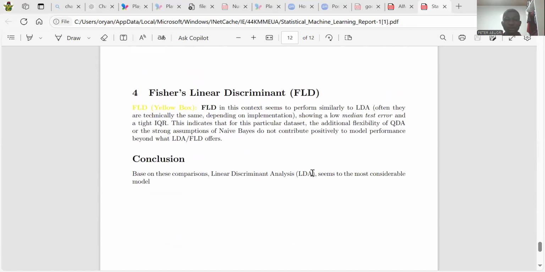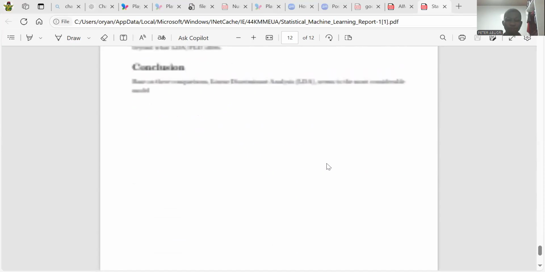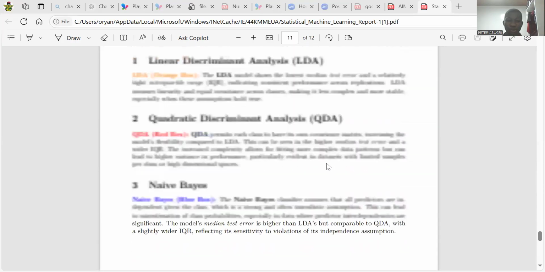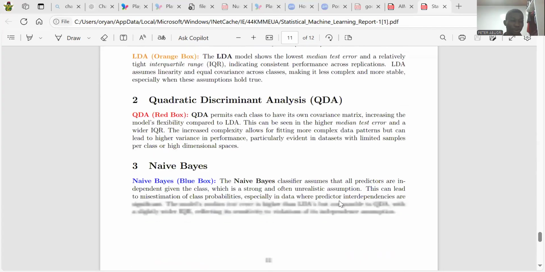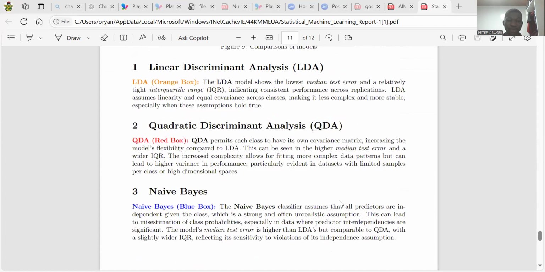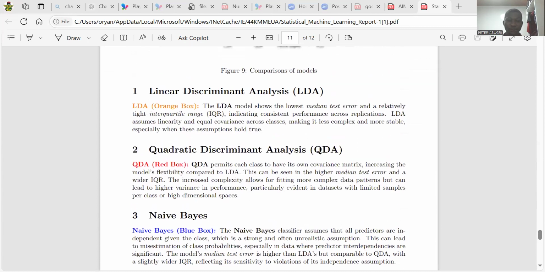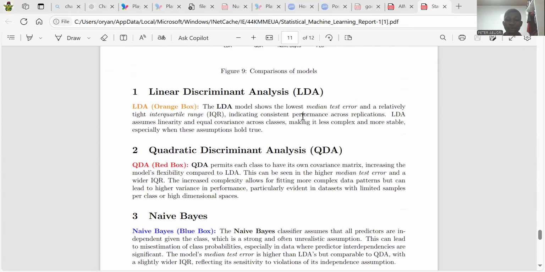Based on these comparisons, the linear discriminant analysis seems to be the most considerable model, as shown in the box plot. The reason is that it showed the lowest median test error and a relatively tight interquartile range, indicating consistent performance across applications.